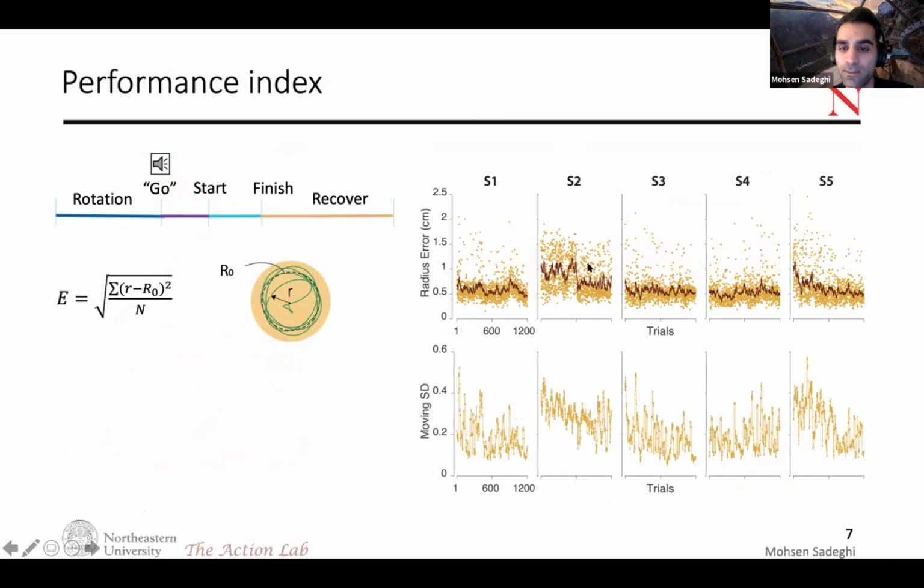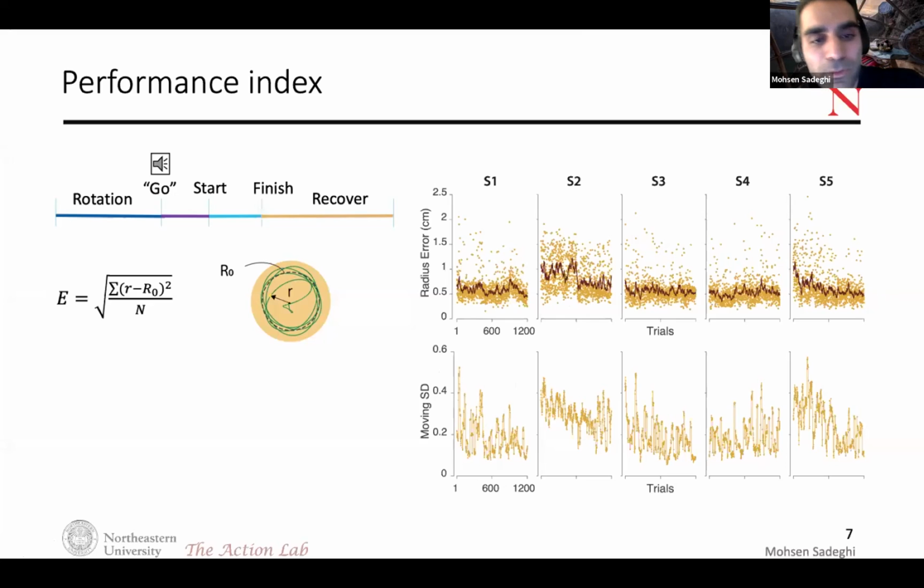We see learning in subject 2 in a peculiar way, where he figures out how to do it and then the performance improves instantly, and we have a gradual improvement in the performance of subject 5. Overall, if you look at the moving standard deviations as a measure of variability, variability goes down for the most part, which is an indication of learning.